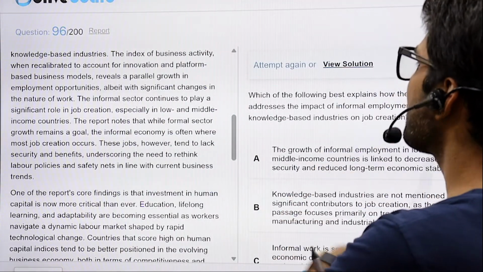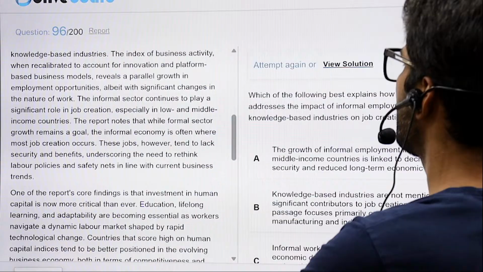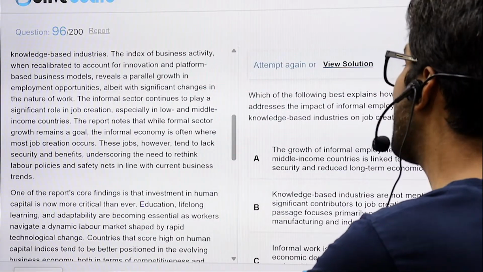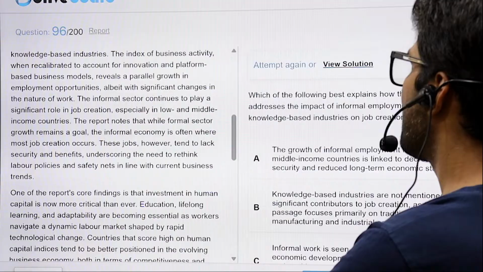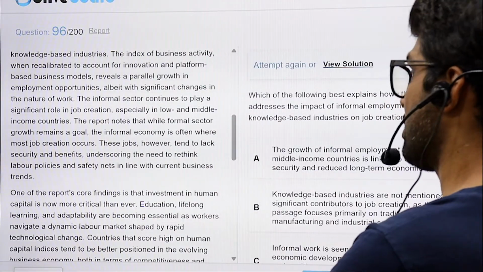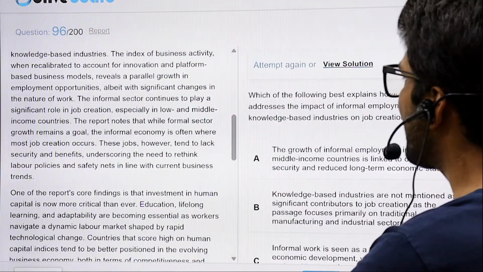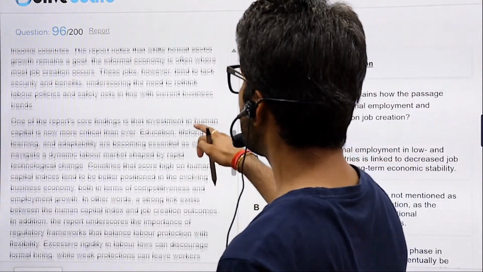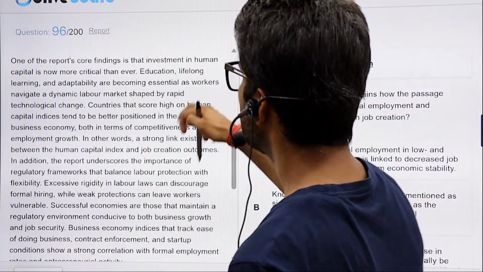The informal sector continues to play a significant role in job creation, especially in the low and middle-income countries. The report notes that while formal sector growth remains a goal, the informal economy is often where most job creation occurs. These jobs, however, tend to lack security and benefits, highlighting the need to rethink labor practices and safety nets in line with the current business models.